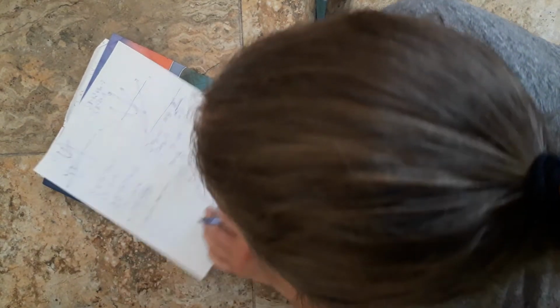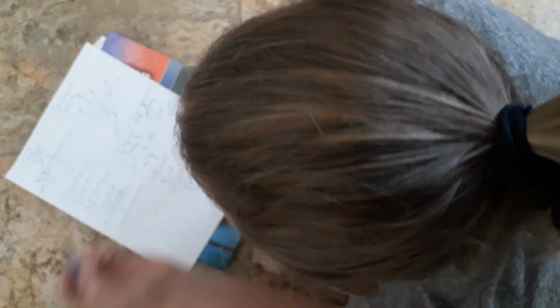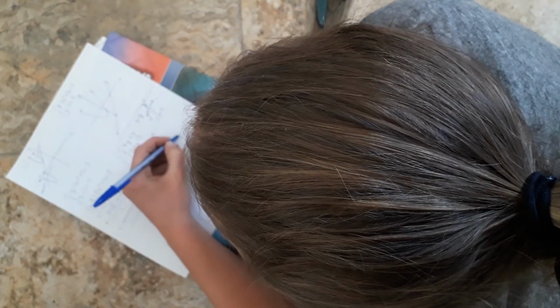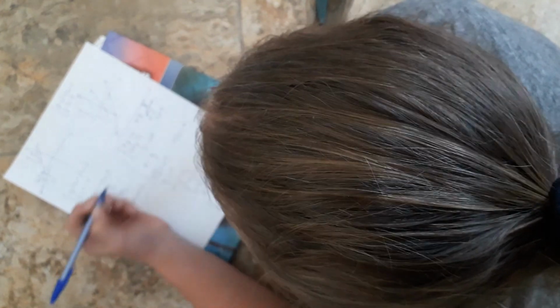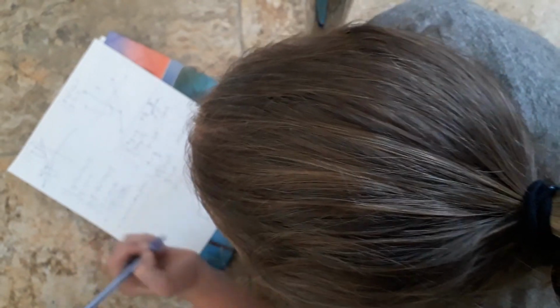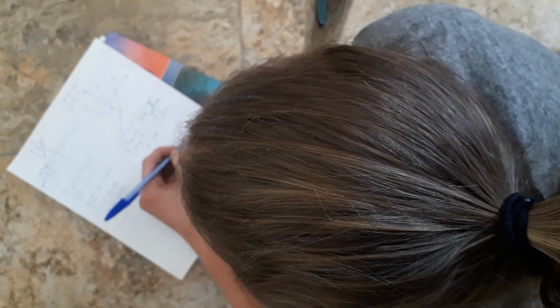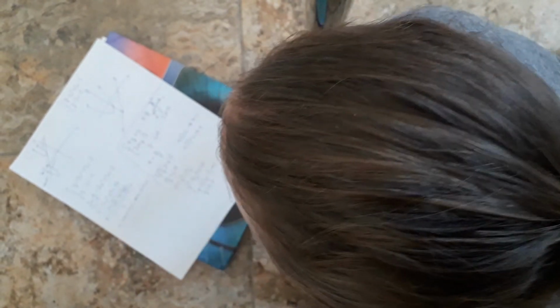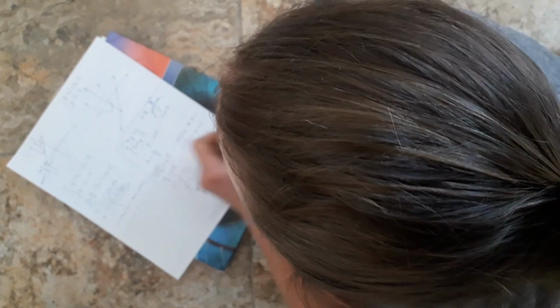And then I'm going to plug that back into my equations. To solve for x, x times 6 equals 6. Well, that's easy. x equals 1. x times 2 equals 6. Well, then x equals 3.